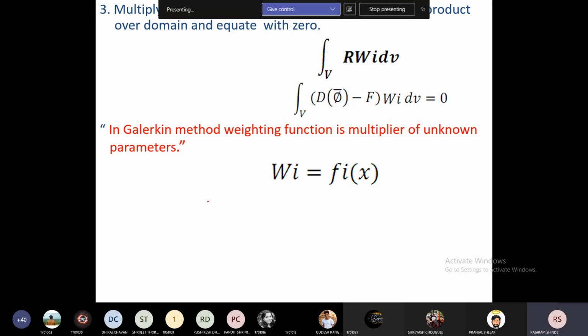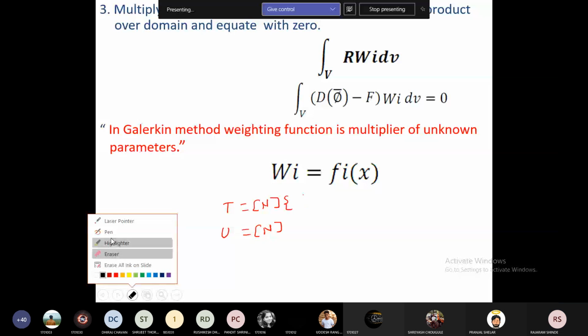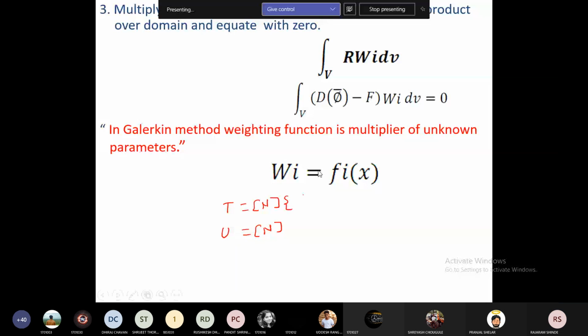We are writing the field variable, suppose it may be temperature or displacement, as a product of the shape function matrix into the nodal temperature or nodal displacement matrix, depending upon the discipline. Here it is T. This is your U.